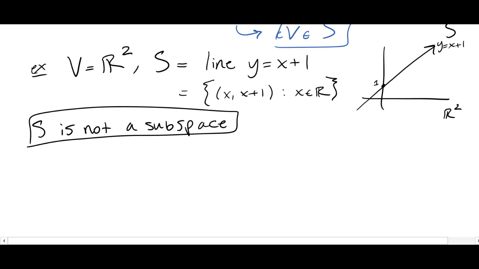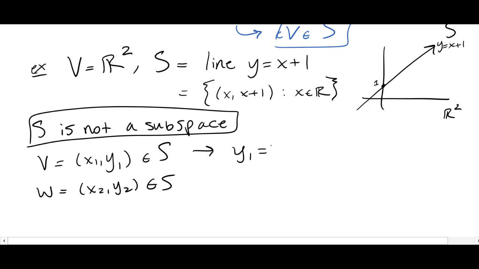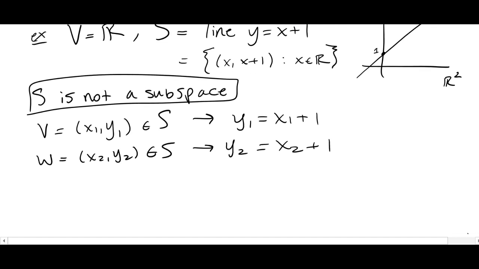If we take two vectors in S, this means that y1 is x1 plus 1 and y2 is x2 plus 1. If we add these two vectors together, V plus W, it's x1 plus x2, comma, y1 plus y2.